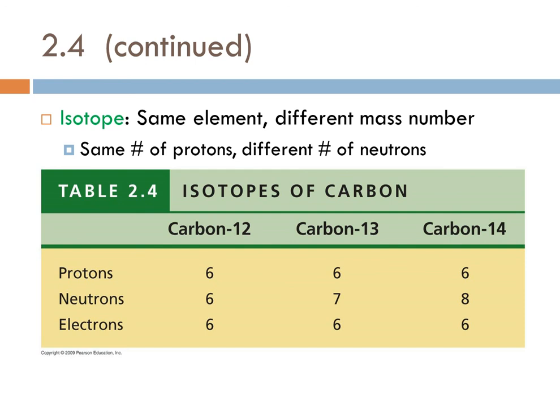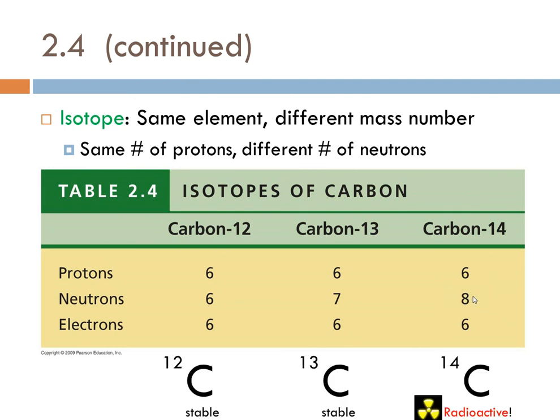But then if we go to carbon-14, you can see it's got 2 extra neutrons, so it's got 6 protons, 8 neutrons, and the electrons are 6. Ideally it should be 6, 6, 6, all the same number, but this one has 2 extra neutrons, and that is going to give it that radioactive property.